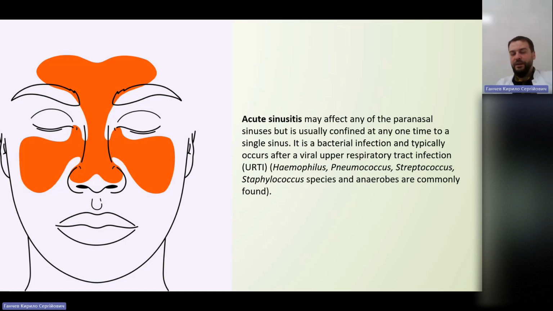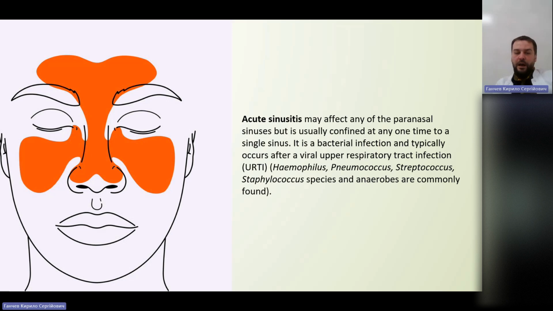And here we talk again about the maxillary sinus. It's our main sinus in dentistry. It is a bacterial infection and typically occurs after a viral upper respiratory tract infection.